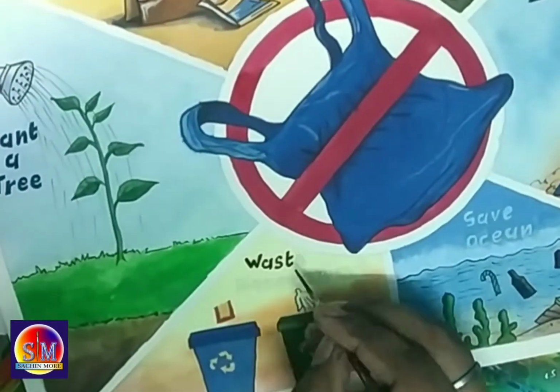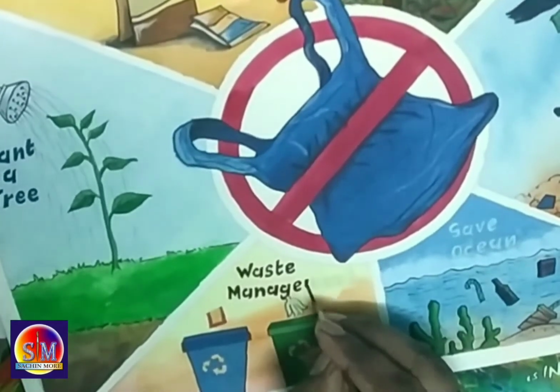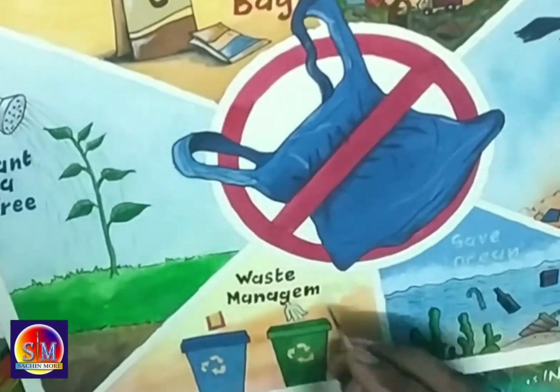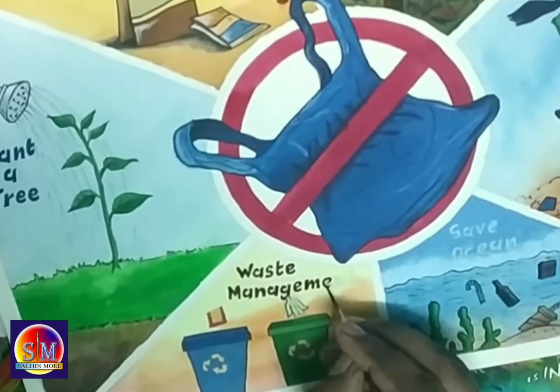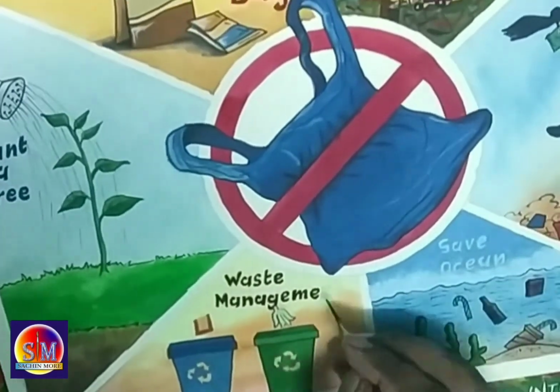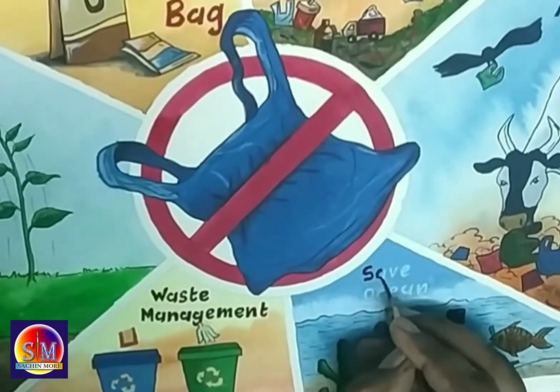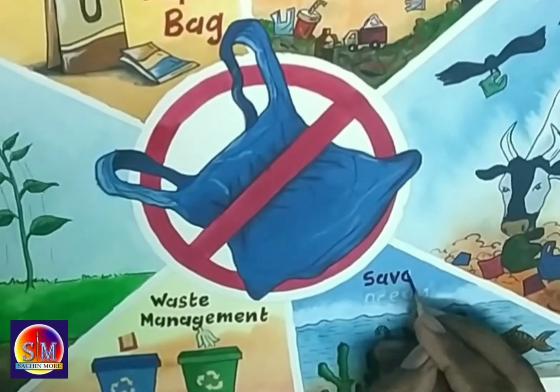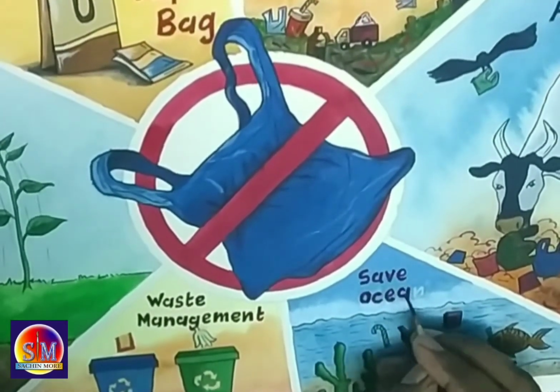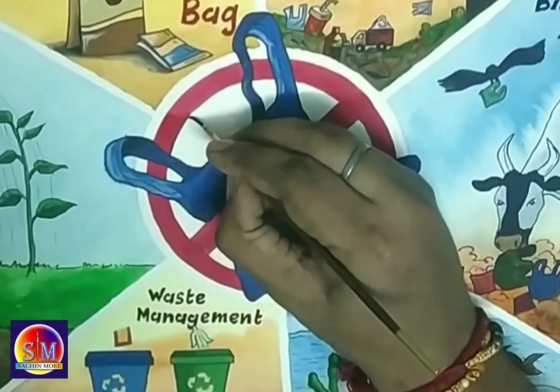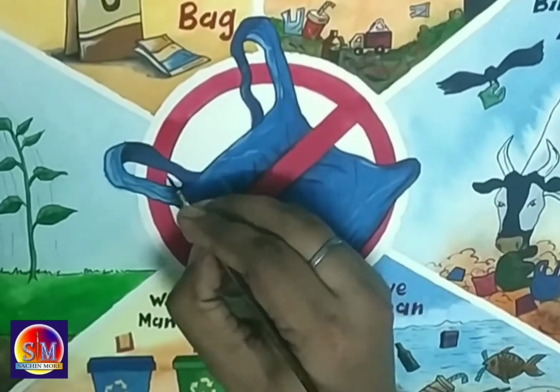For that we are showing waste management, then plant a tree, and use paper bags instead of plastic bags. That I am going to write here, and in the center I am going to write down ban plastic, which is our tagline for our poster design.